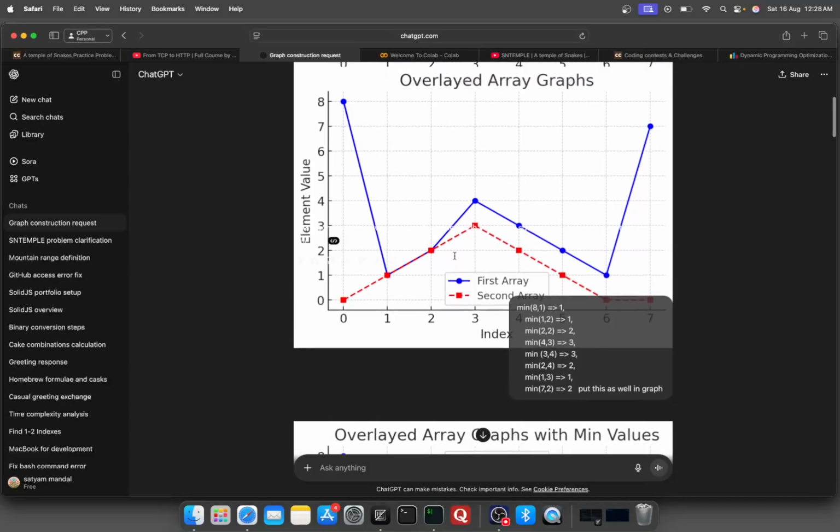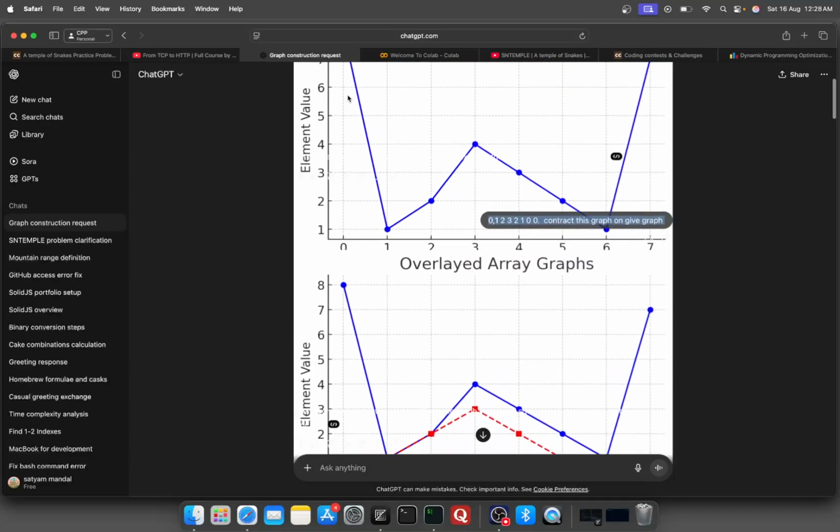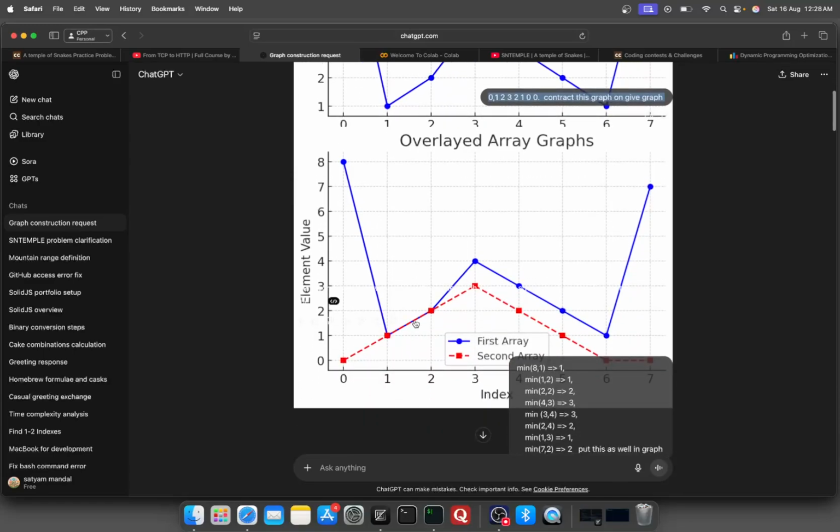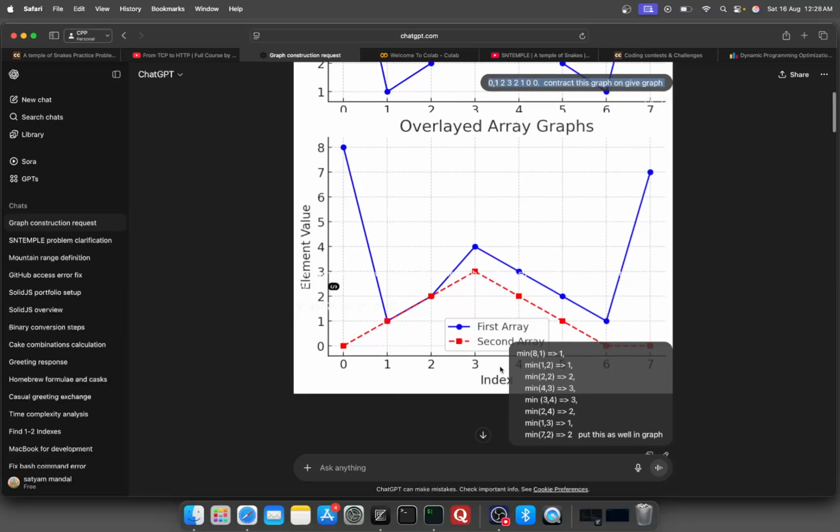As you see, our answer, as I already told you, is below this blue line. You can see here as well, the red line is always below this blue line or equal. The red line didn't go above this blue line because we use a minimum.